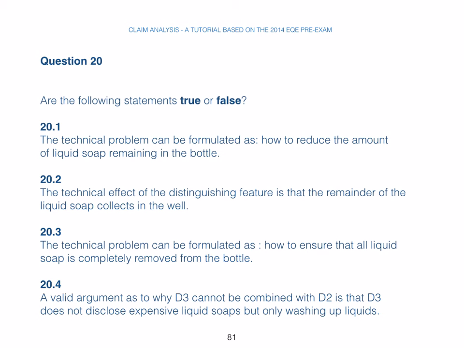Question 20 now has 4 statements that we will consider in turn. 20.1. The technical problem can be formulated as how to reduce the amount of residual liquid soap. 20.2 is the technical effect of the distinguishing feature is that the remainder of the liquid soap collects in the well. 20.3, the technical problem can be formulated as how to ensure that all liquid soap is completely removed from the bottle.